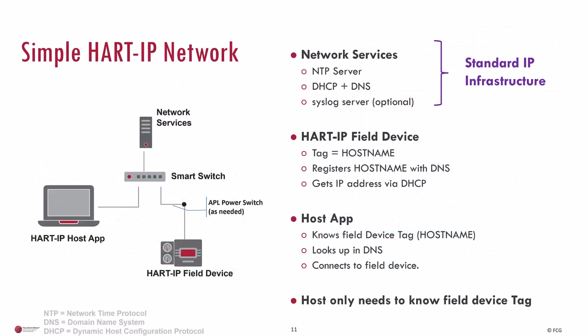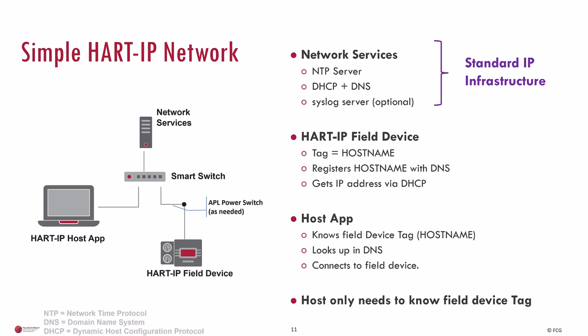On this slide, we have pictured a simple HART-IP network. We have a HART-IP host application, a client, a field device, which is a server, and if it's an APL device, we'll have an APL power switch, and a lightweight set of network services. The field device, when it powers up, will register its host name with the domain name services and get its IP address from DHCP.